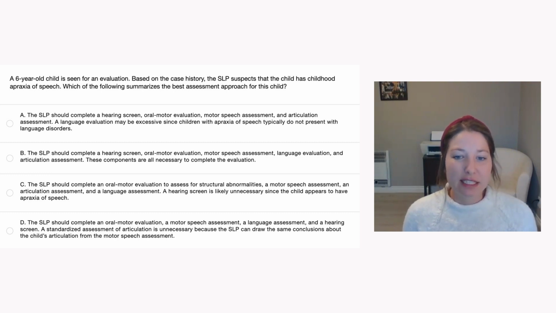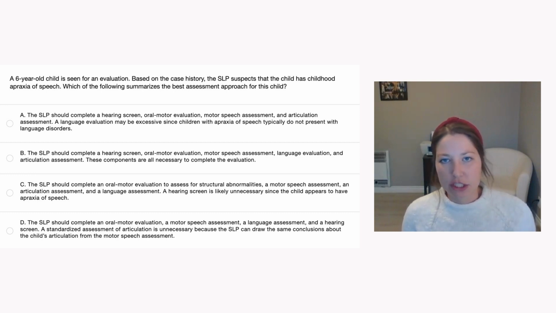And so answer B is going to be correct. The SLP should complete a hearing screening and oral motor evaluation, motor speech assessment, language evaluation, and articulation assessment. Those are all the things that you would need to do in this scenario. Breaking this question down, one thing that makes it a little more difficult is that all of the answers are long.